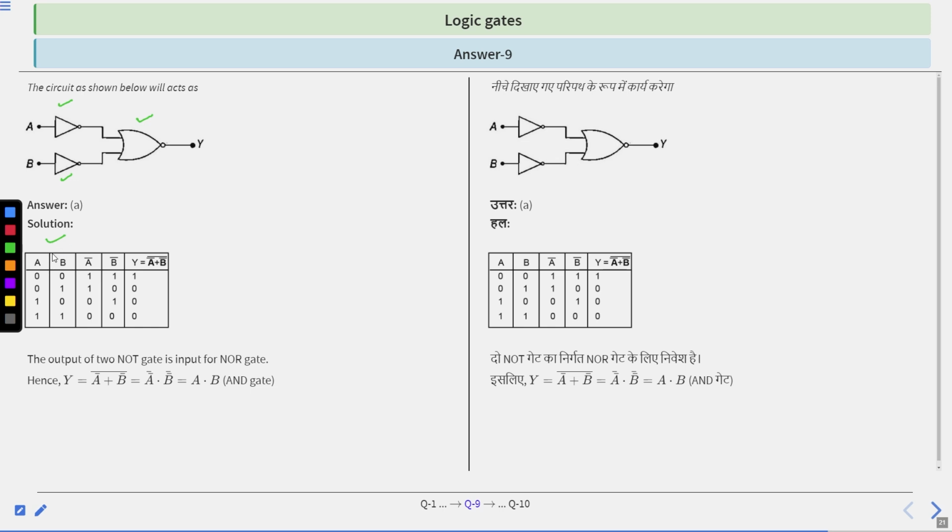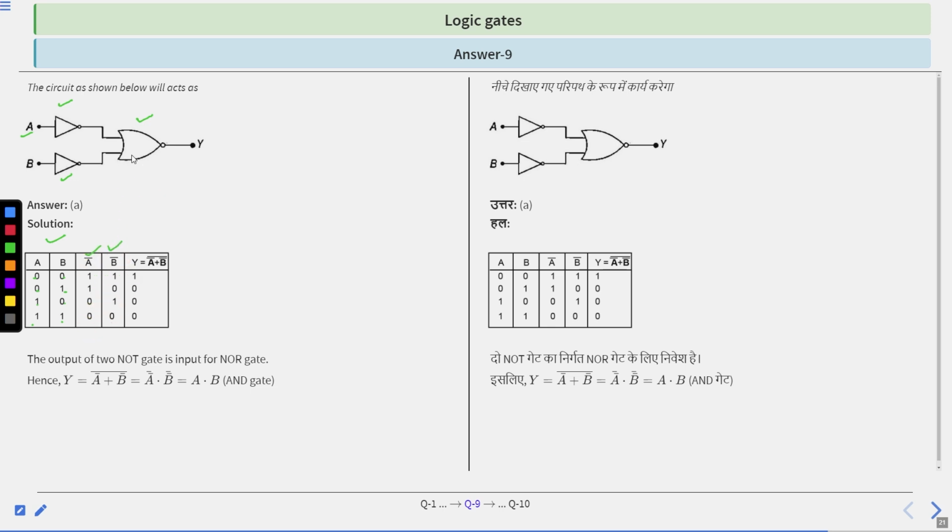The possible combinations of A and B are 00, 01, 10 and 11. So the complement of A is 1, 1, 0, 0, and similarly the complement of B is 1, 0, 1, 0. Clear? So these are A complement and B complement.